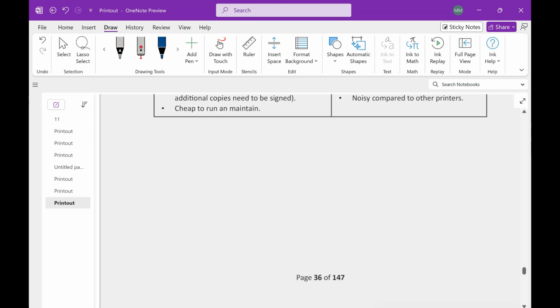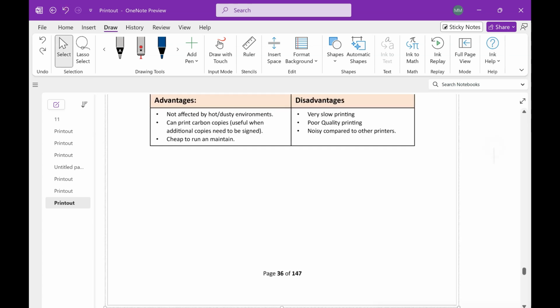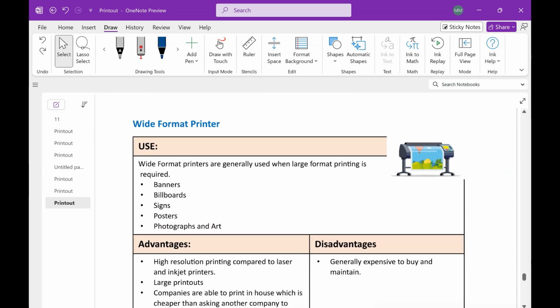Last but not least, what do we have? Wide format printer, or we call it a graph plotter. So why do we need this printer?